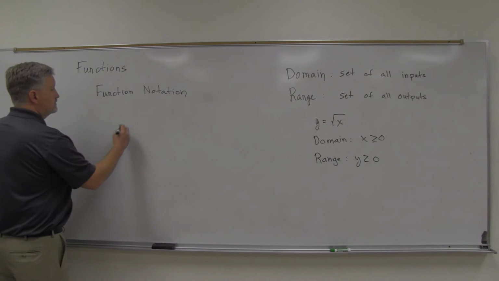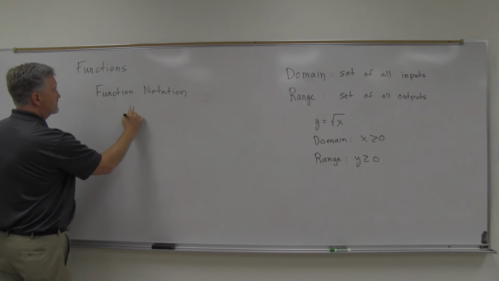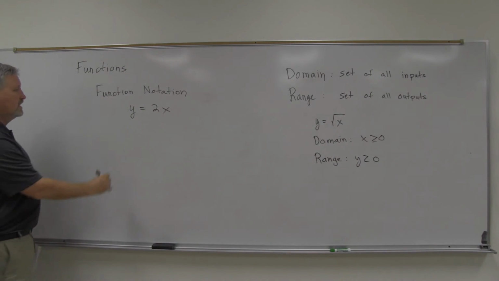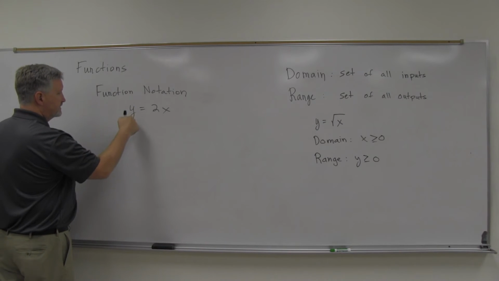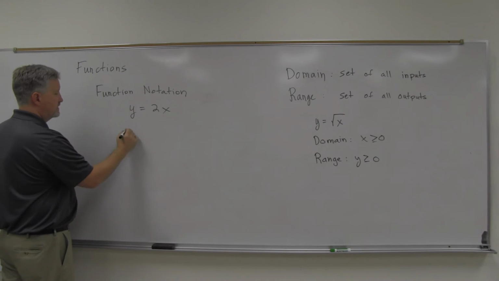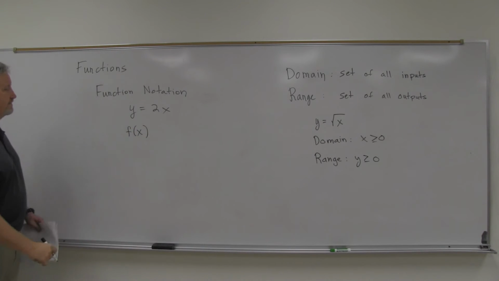Okay? Well, let me just first of all tell you. All right, so we said y equals 2x. That was a function. Here's what function notation does. All function notation does is it replaces the y with another expression, and the expression is typically f parentheses x.